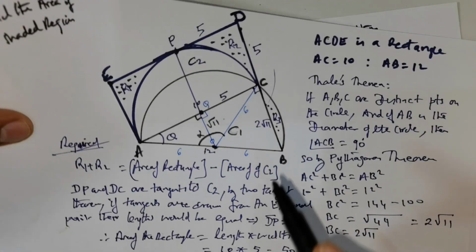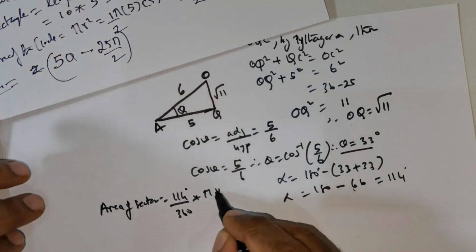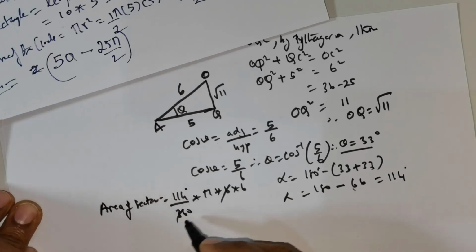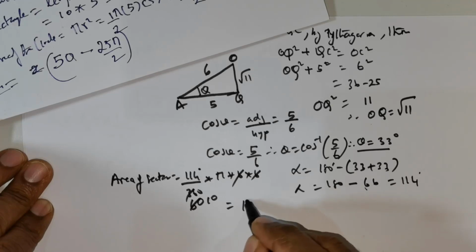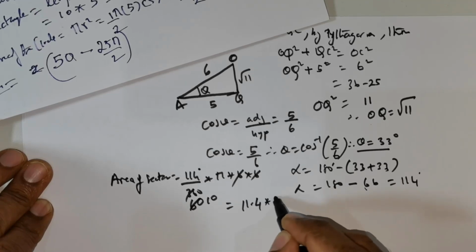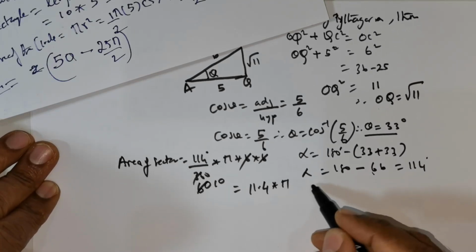The radius of this particular circle is 6 units. So 6 into 6 divided by 360, that gives 11.4 multiplied by pi. So this is the sector area, in square units.